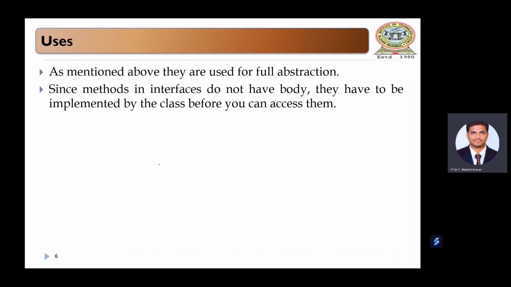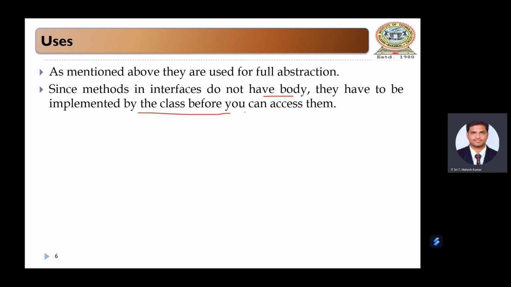What are the uses of interfaces? They are used for full abstraction. Abstraction, I repeat, hides unwanted data and shows you only the relevant data. Since methods in interfaces do not have a body, they have to be implemented by a class before you can access them.